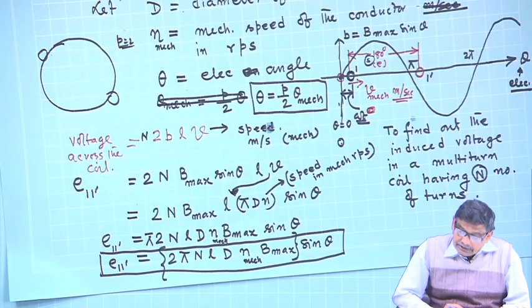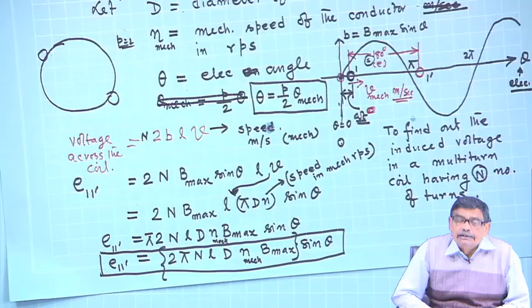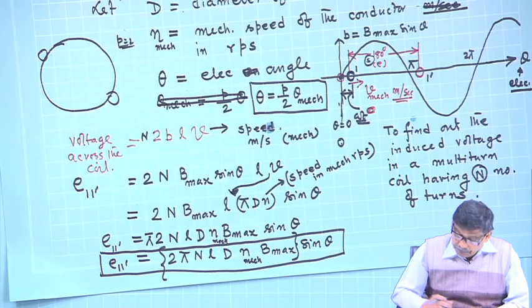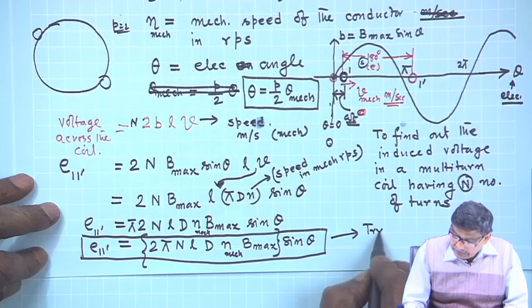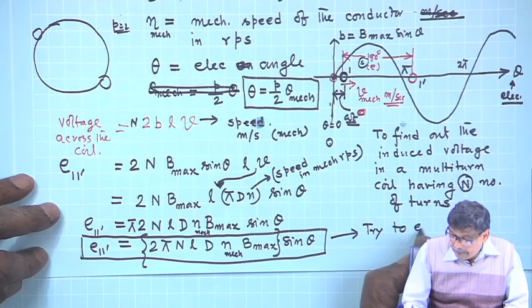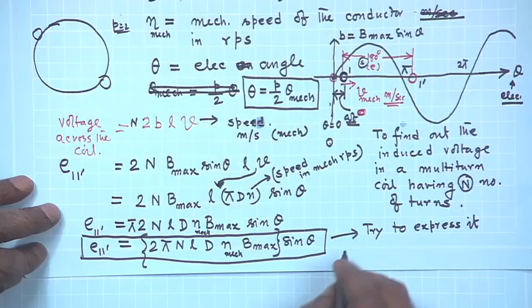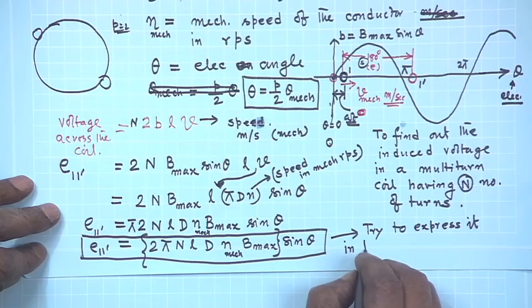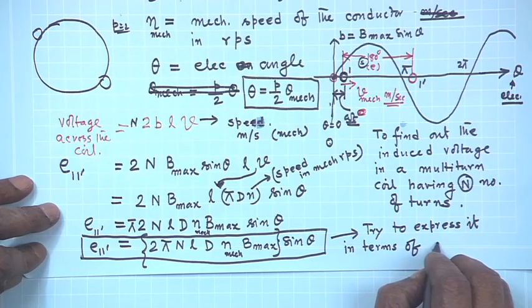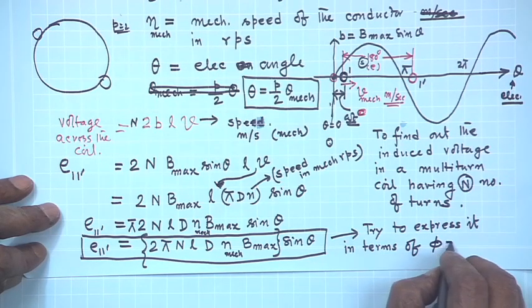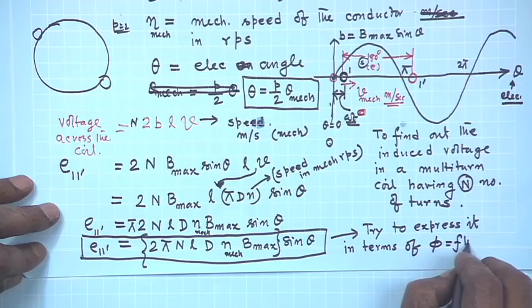They try to express this induced voltage in terms of flux per pole. So, my goal will be to express it in terms of phi, which is equal to flux per pole.